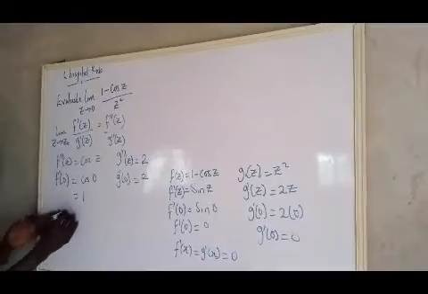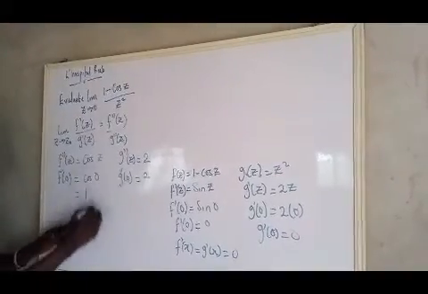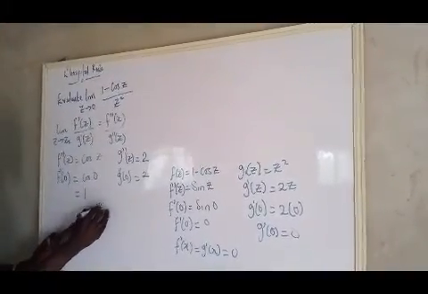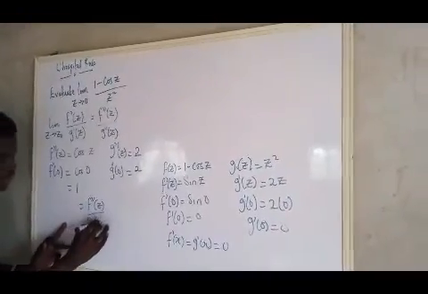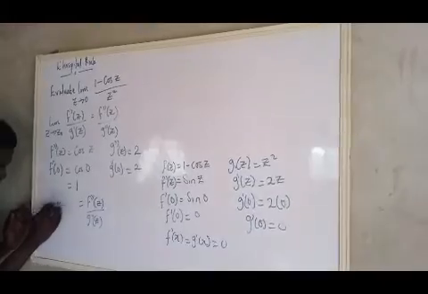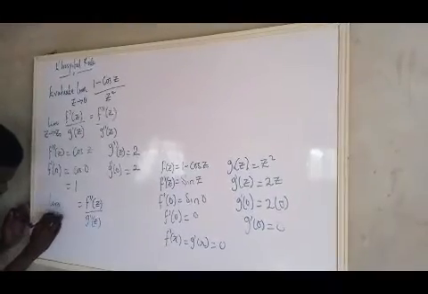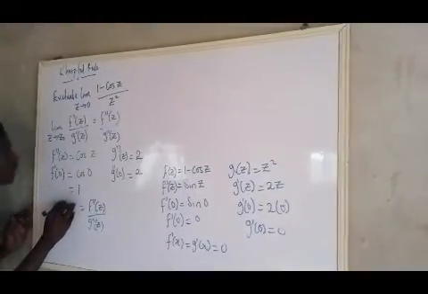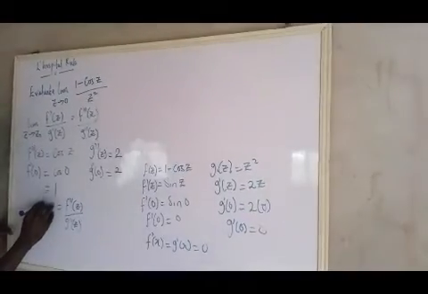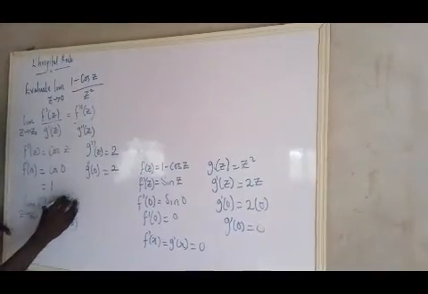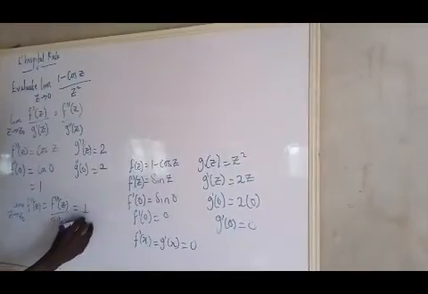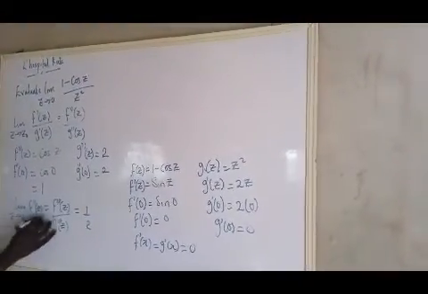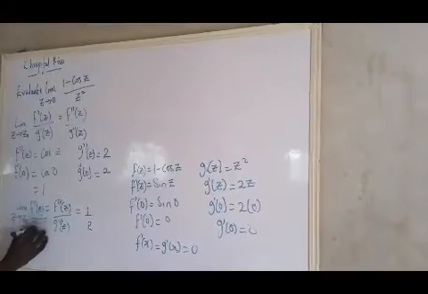Now you can see that our final answer will be the limit as z tends to z naught of f prime prime of z over g prime prime of z. This is the third time, so that's 1 over 2.